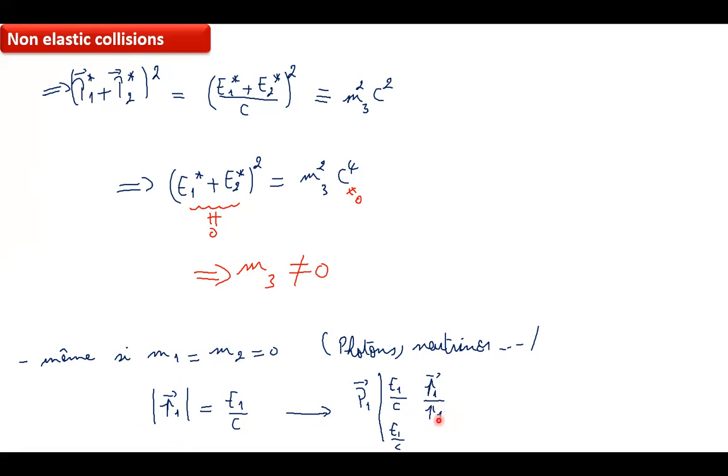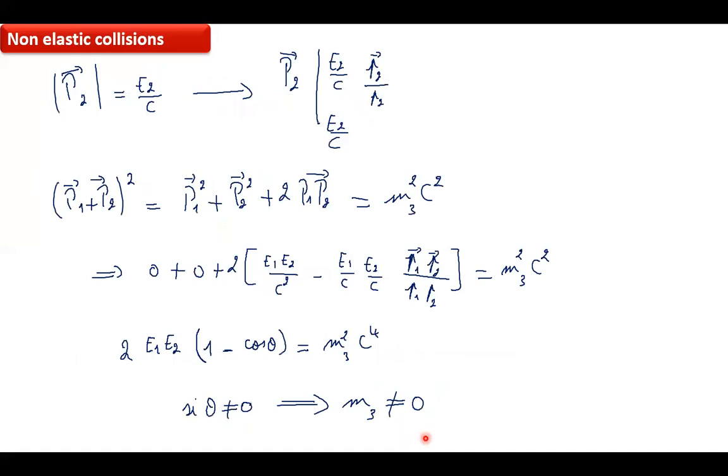The unit vector is the vector divided by the norm, so it's p1 vector over p1. And the time coordinate is E1 over c. The same for P2, which has a magnitude of E2 over c. So the 4-vector P2 is E2 over c times the unit vector, little p2 vector over p2, and E2 over c as a time coordinate.